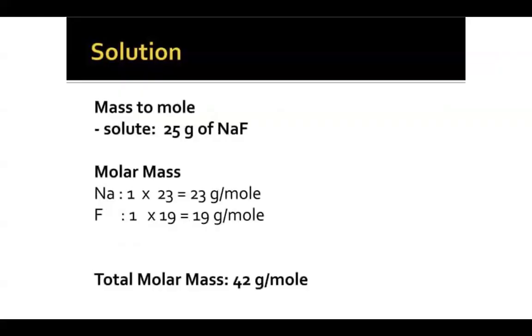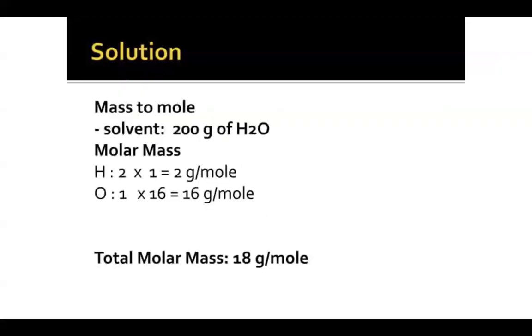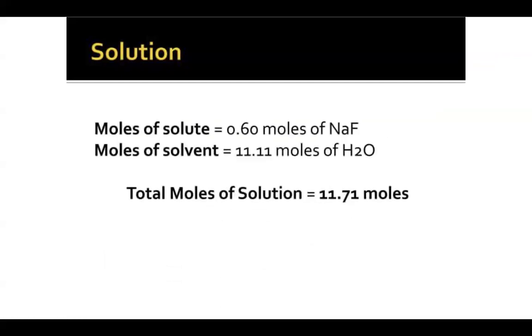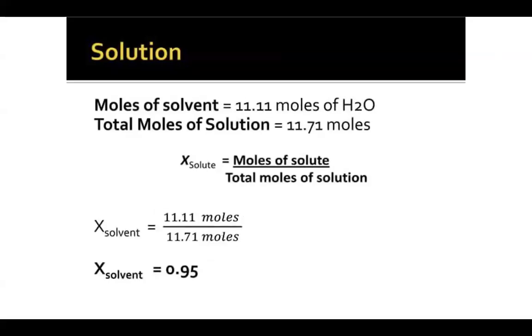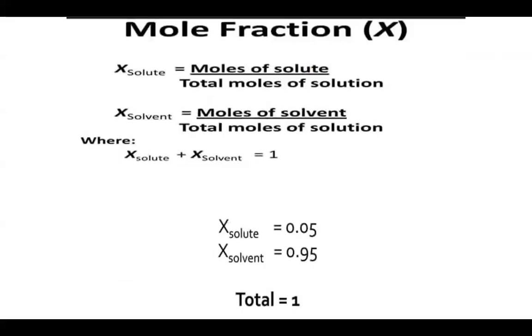It's already 42 grams per mole here. So let's go on to the final answer. This one is the total moles of the solution. And the final answer is correct: 0.05 mole fraction of the solute and 0.95 mole fraction for the solvent.